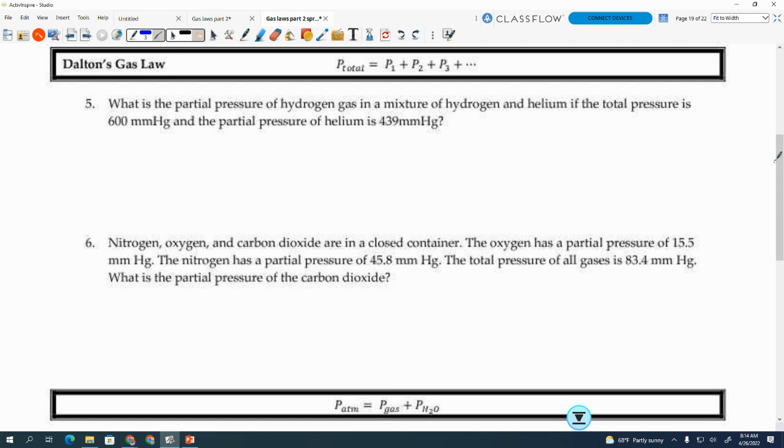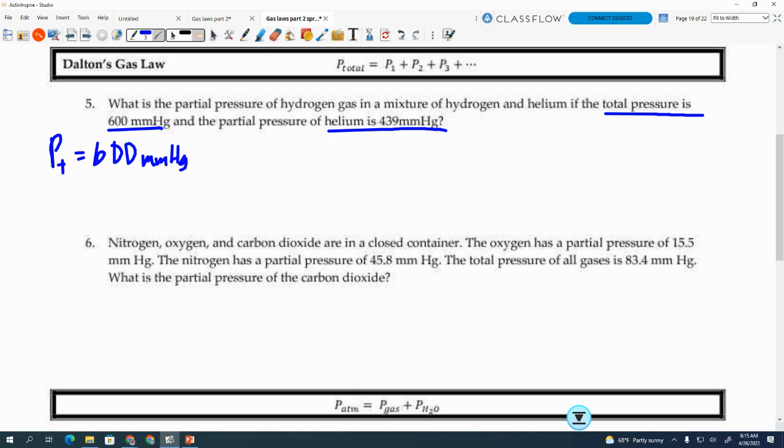So it says, what is the partial pressure of hydrogen gas in a mixture of hydrogen and helium if the total pressure is 600 millimeters of mercury and the partial pressure of helium is 439 millimeters of mercury? So in this question, we have a P total that equals 600 millimeters of mercury.